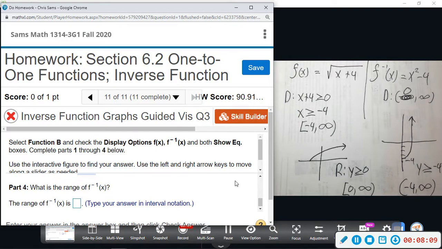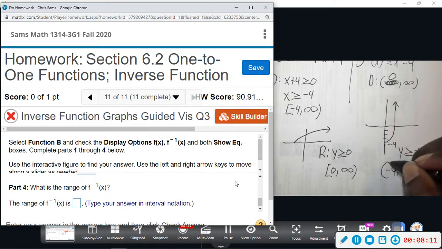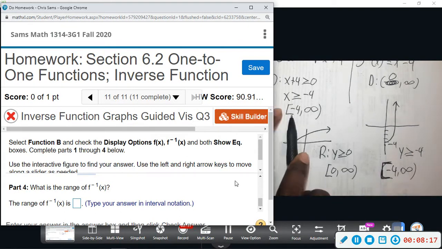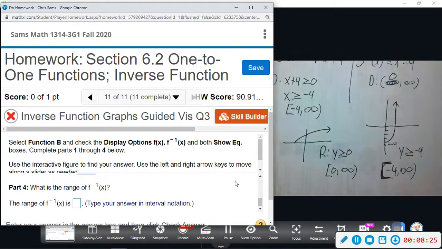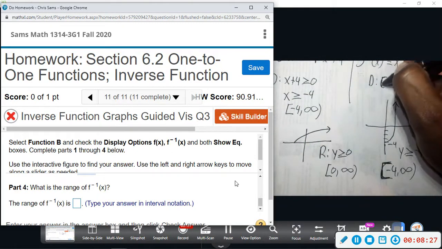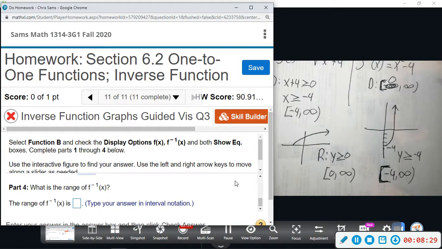What you'll notice when you do the inverse, okay, this is worth pointing out. This was the domain. This was the range. If you interchange x and y, you also interchange your domain and range. So what was your domain is now your range, and what was your range is now your domain.